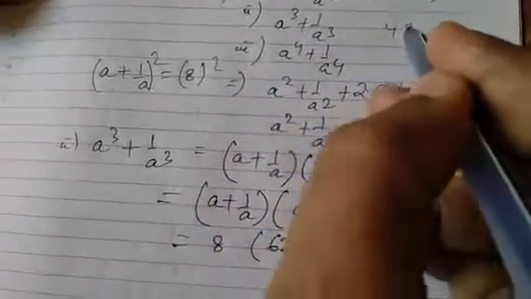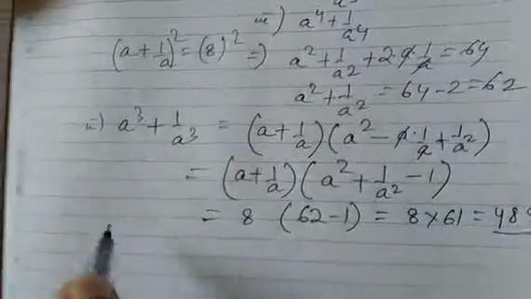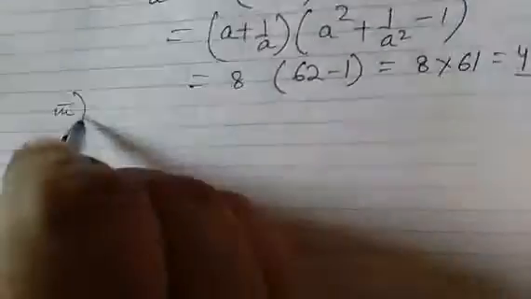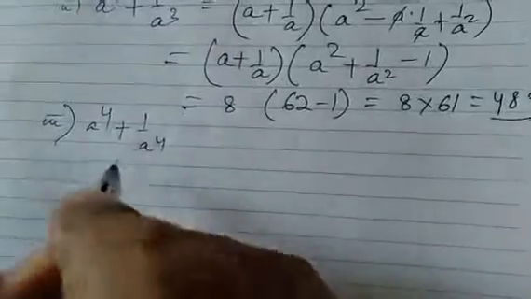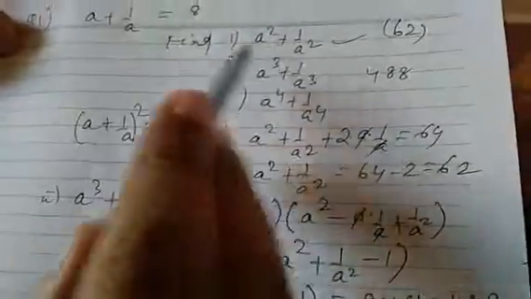Third bit, we have to find a fourth plus 1 by a fourth. You can take the help of the square of this one again.